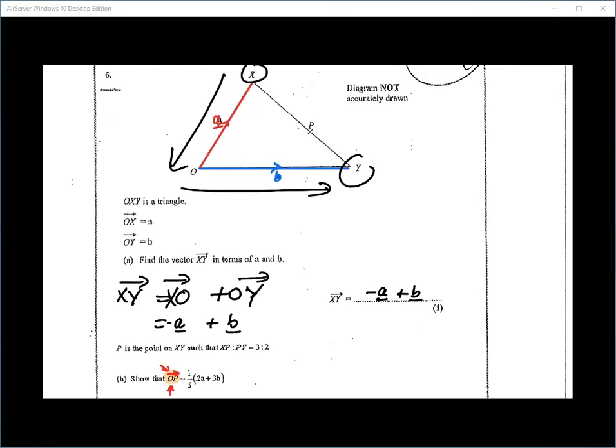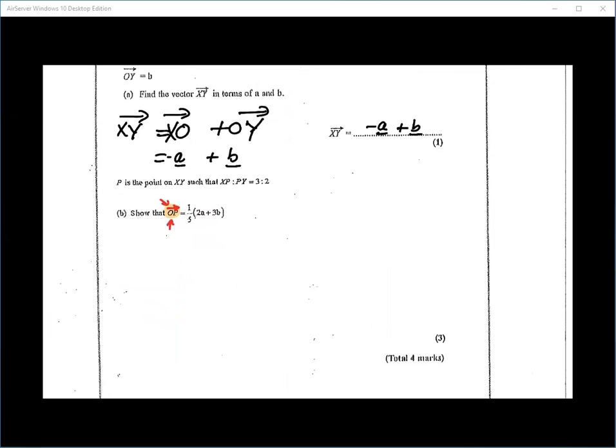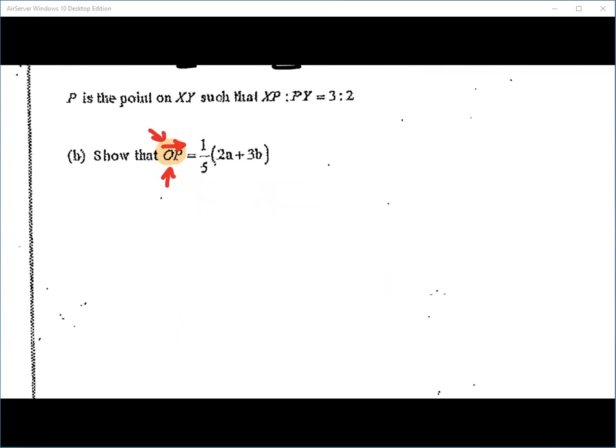Okay, next. Here comes the fun part. Read that part. P is a point on XY such that XP to PY is in the ratio of 3 to 2. Show that OP equals 1/5 multiplied by (2A plus 3B).